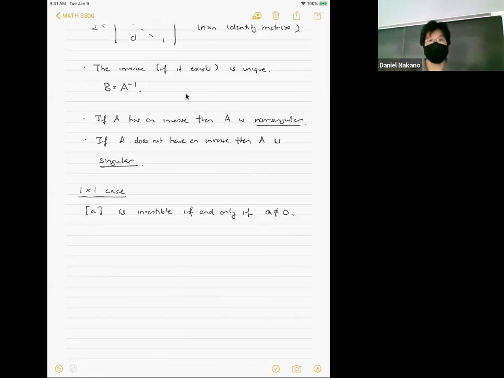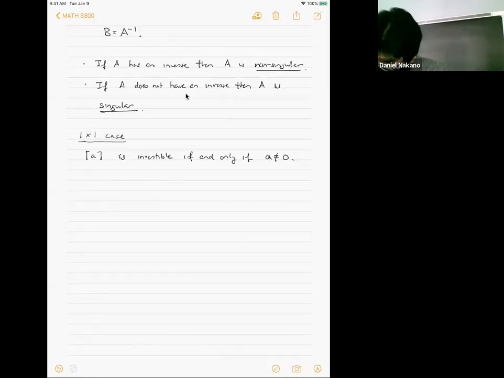Okay, so we can find an inverse, namely A minus 1, if and only if A is not equal to 0. So now we go to the 2-by-2 case.